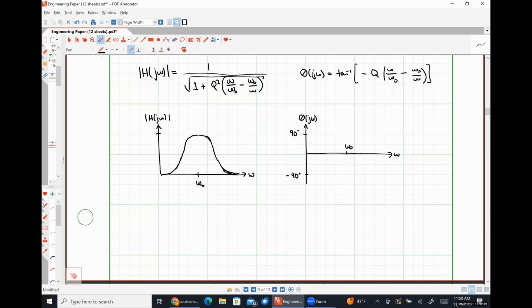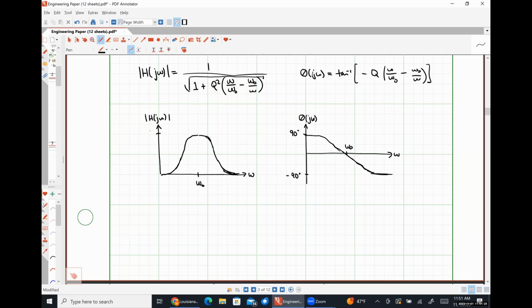And we should have something going on effectively like this. So we should see that the phase angle of our response changes from positive 90 degrees at very low frequencies down to negative 90 degrees at very high frequencies. Okay. All right.